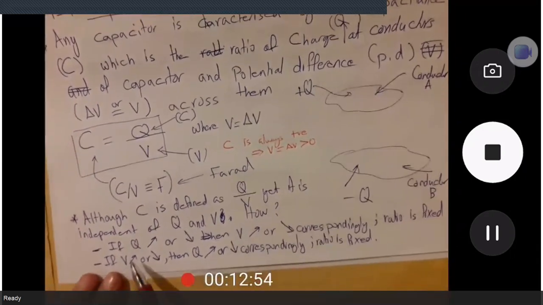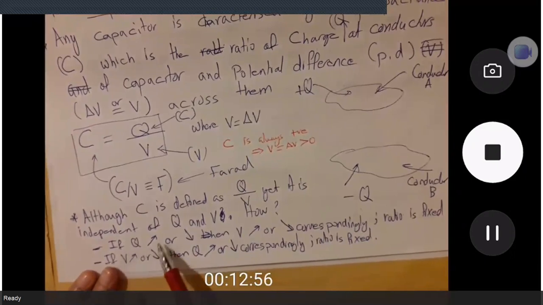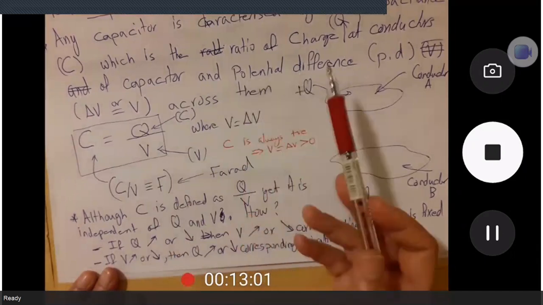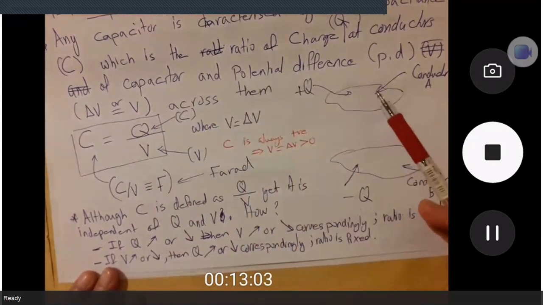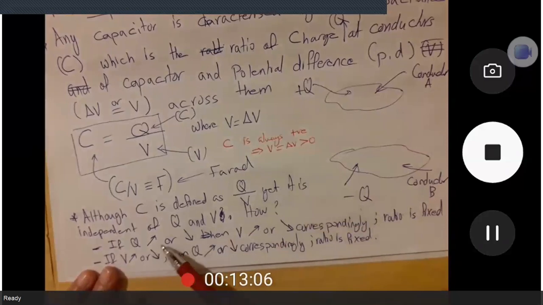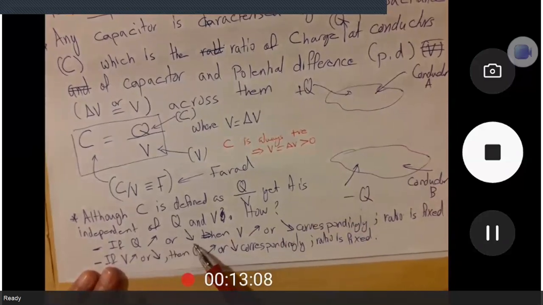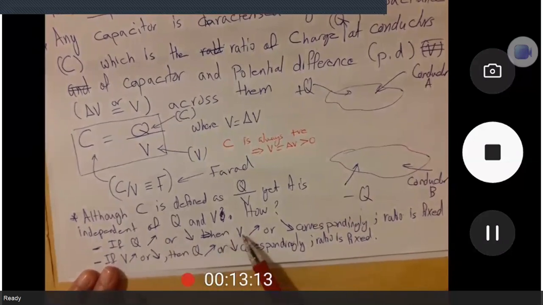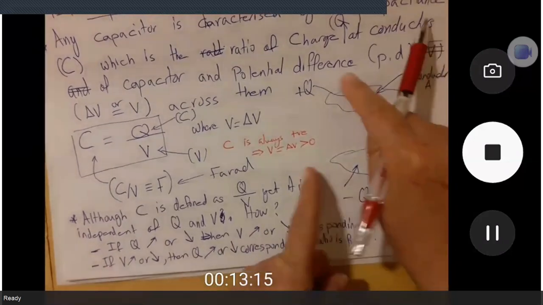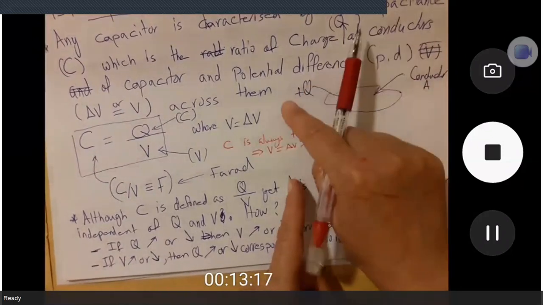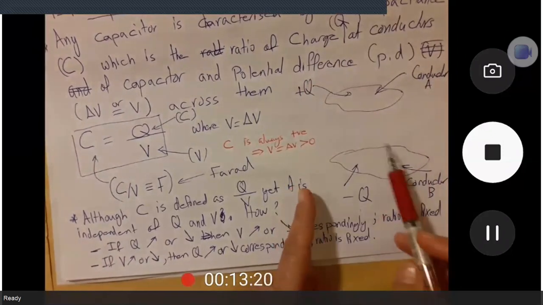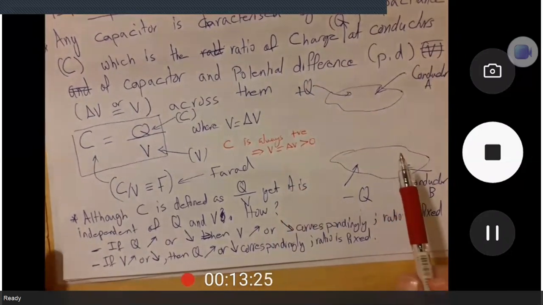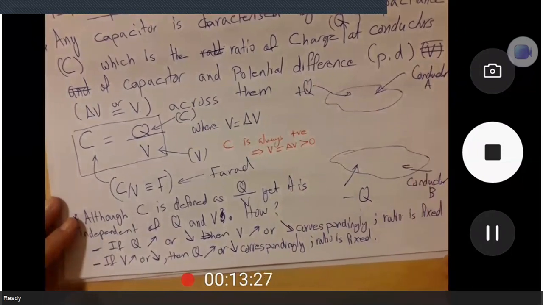How does this happen? If Q increases, whatever Q you had, you've added to it, you've increased the charging. What will happen automatically? Whether Q is increased or decreased, the delta V I'm measuring will depend on the E that is established, because remember delta V is minus the integral of E dot dl.